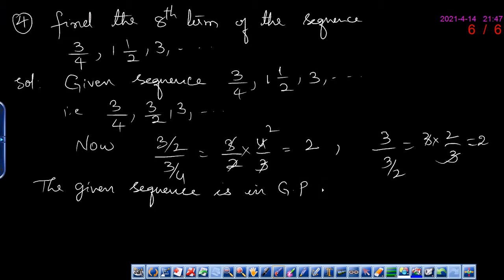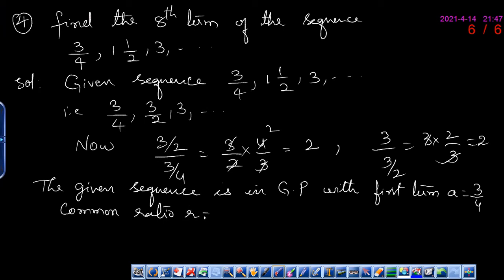With the first term A equal to 3 by 4, very good, and common ratio R equal to 2. Okay. Now what do we need to find?